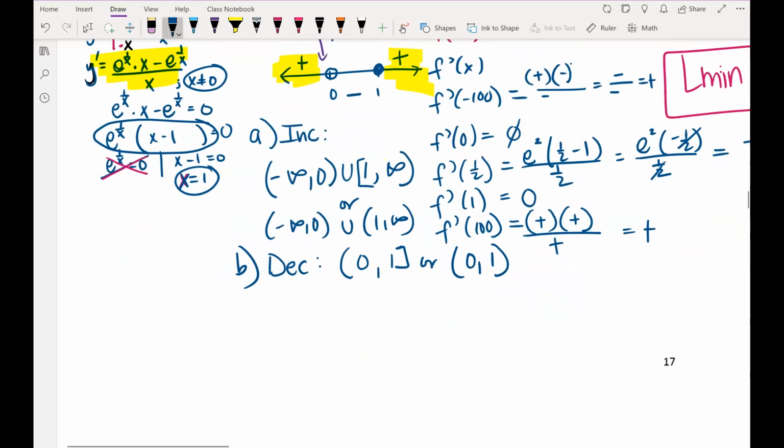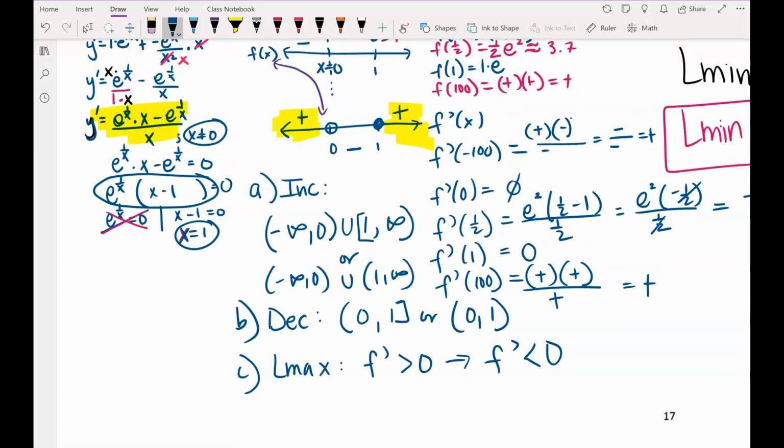Then we want to know about local max or local min. We do not have endpoints, so I'm not going to give you the definition of endpoint. A local max is when the derivative goes from positive to negative.